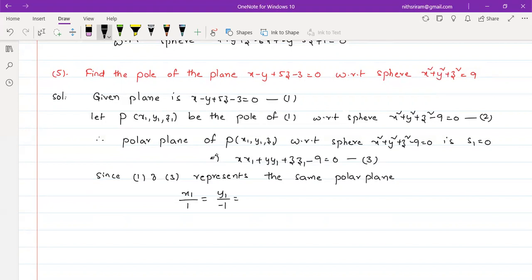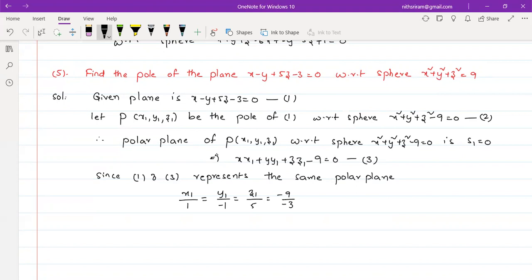Similarly, the coefficient of z in the third equation is z1, and in the first equation is 5. Okay. After that, you also equate the constant terms from both equations. The constant term in the third equation is -9, and the constant term in the first equation is -3. Okay.